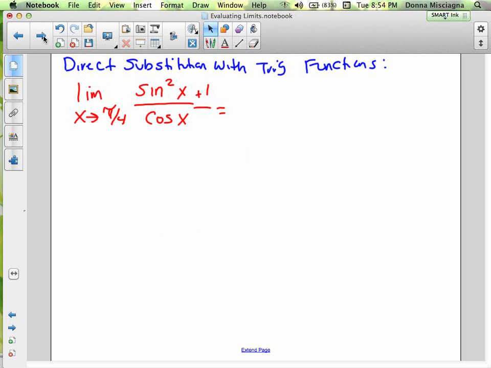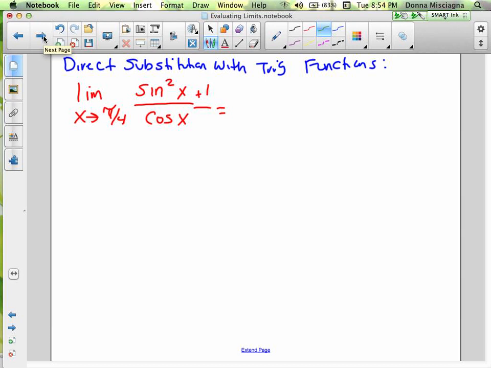We're going to use direct substitution. So we have the limit of sine squared x plus 1 divided by cosine x as x approaches pi fourths. There's no reason I can't substitute in. Everything here is continuous. It's continuous everywhere, so it has to be continuous at pi fourths.